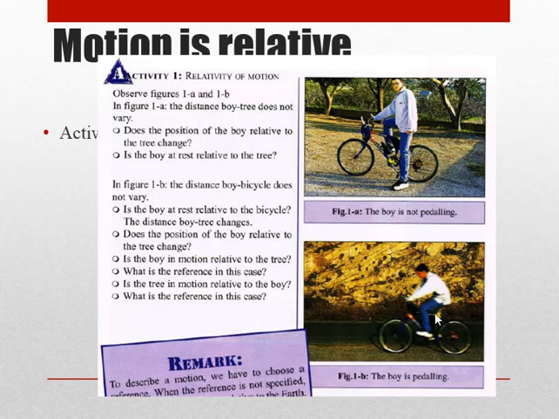In figure 1b, the distance boy-bicycle does not vary. The boy and the bicycle have a constant distance between them, while the tree is in the back of the bicycle and the boy. Is the boy at rest relative to the bicycle?